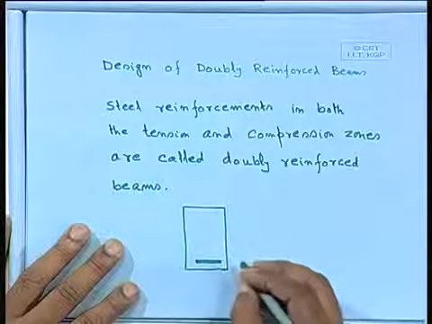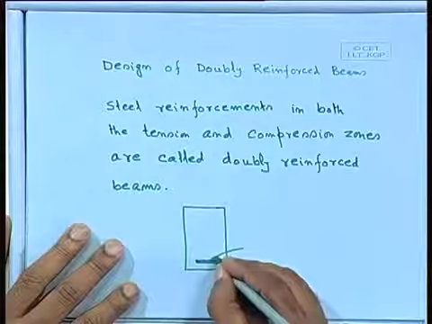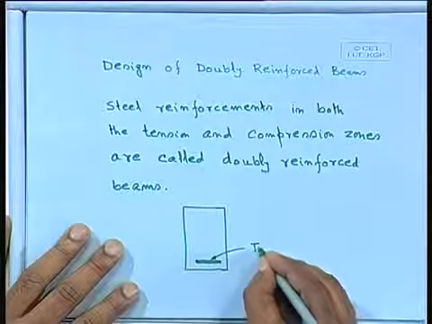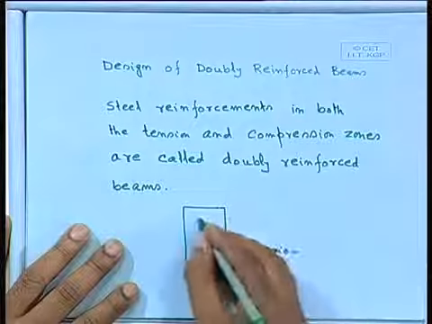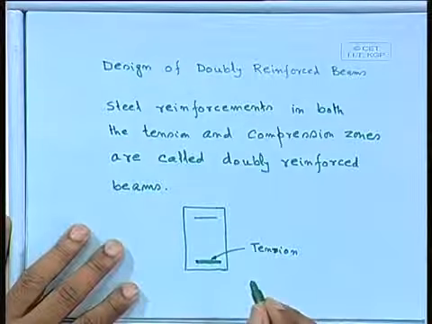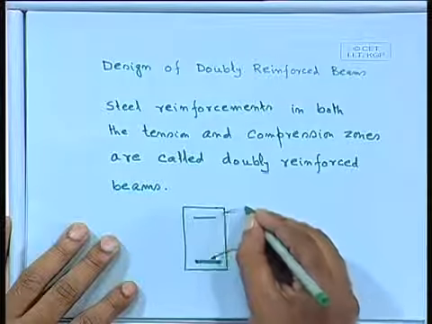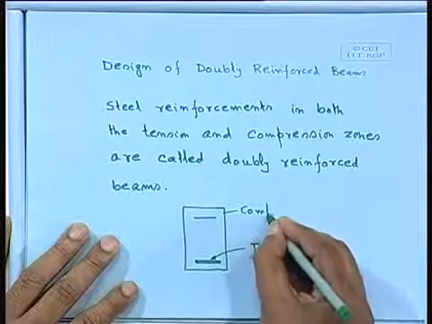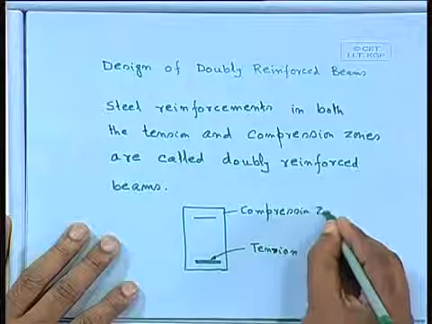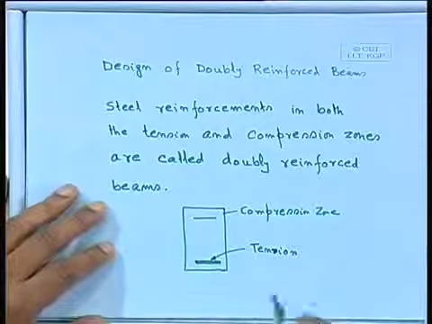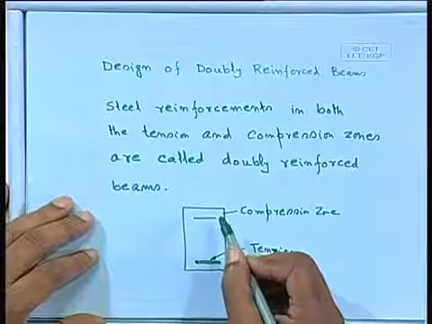In a normal general case, the bottom portion is tension and the top portion is the compression zone. Now we are providing steel in the tension zone as well as in the compression zone.